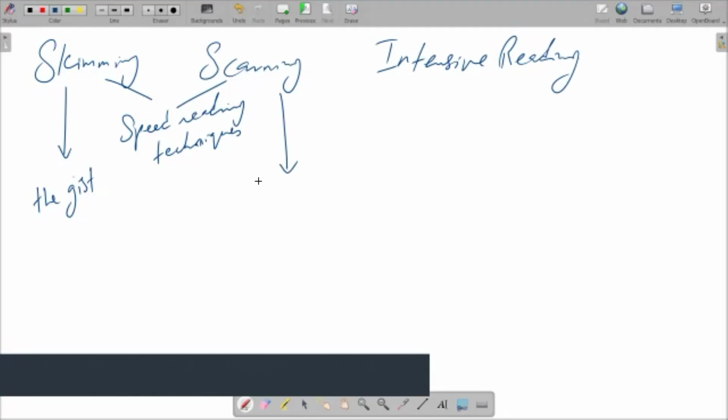Scanning is when you are looking for specific information. So skimming is something that you do, for example, if you're reading the news or just glancing over a particular article that maybe the headline seemed interesting to you. Maybe you're looking at a menu card, for example. Depends on the situation.